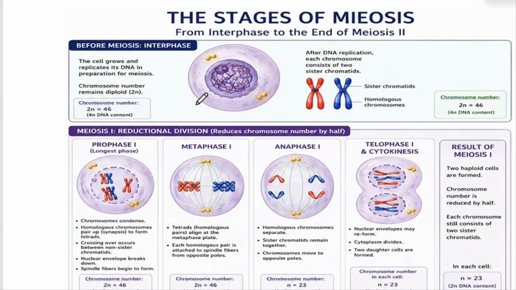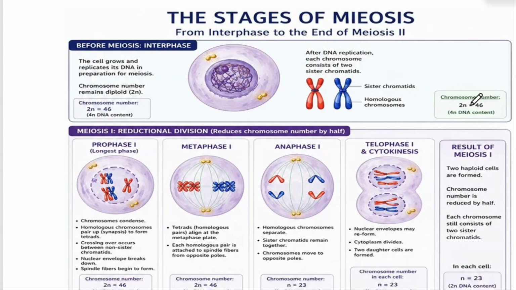Before meiosis and mitosis, the cell enters interphase. During this stage, the cell grows and duplicates its DNA. Although the DNA has been replicated, the cell still contains 46 chromosomes.